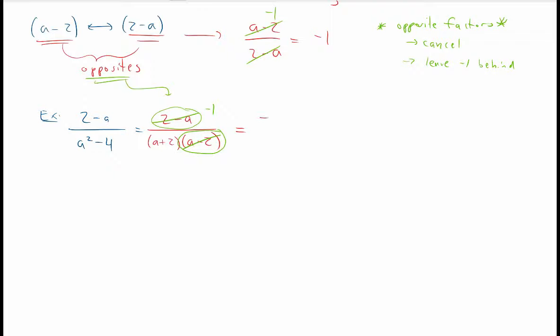So this leaves us with a final answer of -1 over a plus 2. And that's our final simplified expression. We would, of course, make note of any undefined values. We can see here that if a were -2, that would cause the expression to be undefined. Or if a were +2, that would cause the expression to be undefined. So we'll exclude those both from our answers.